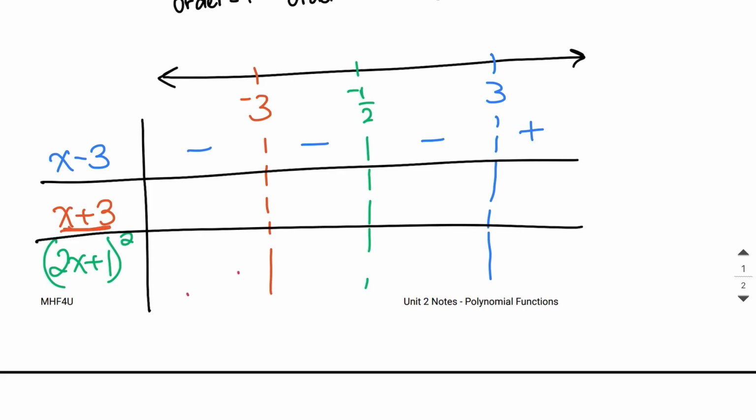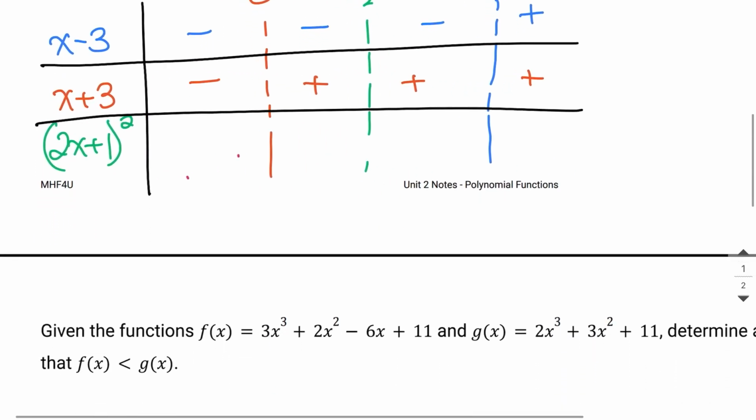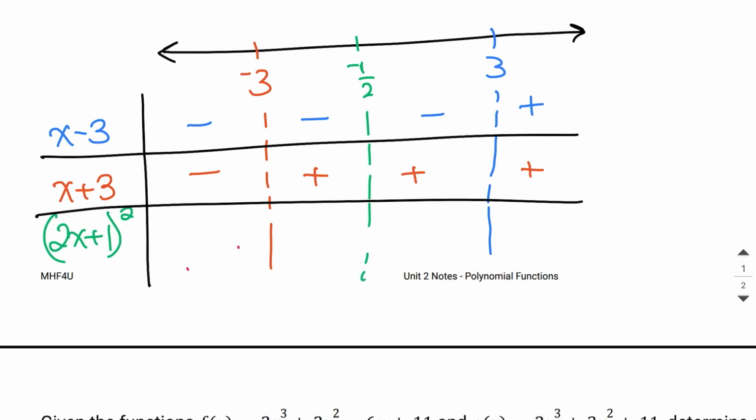X plus 3 will be negative all the way until I get to the critical point of -3. After that, it's going to be positive. Again, if you like to test numbers, you can just test numbers. That's totally fine. The next one, be really careful. 2x plus 1 squared is going to be positive everywhere except at -1/2. And at -1/2, it's just going to be equal to 0. But everywhere else, it's going to be positive because no matter what the number is, when you square it, you'll always get a positive value.